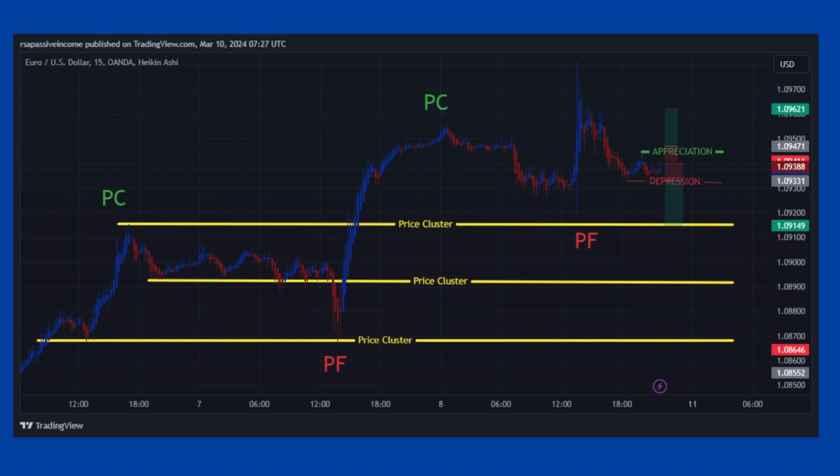So that's price floor here, another price floor here, another price floor here, price ceiling here, another price ceiling here, and that's it. Price floor and price ceiling.